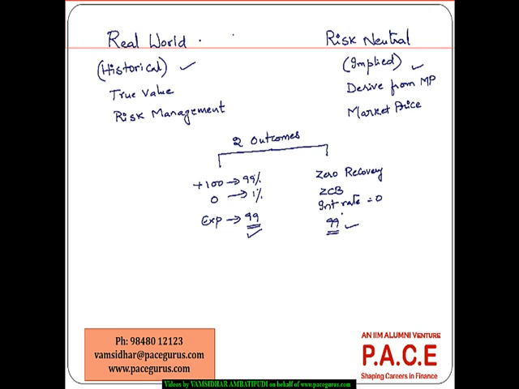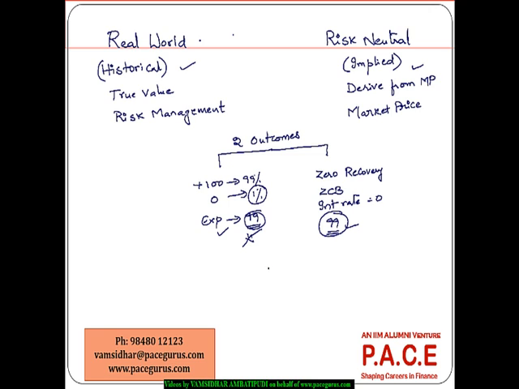But any investor would prefer this one, but they would not prefer this because there is a 1% chance that they will lose entirely. So no rational investor would enter into this kind of a bet. Right? Because I can lose the whole money. So which means there is a lot of volatility here.